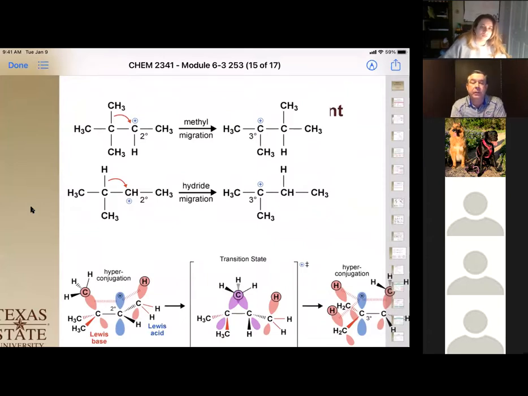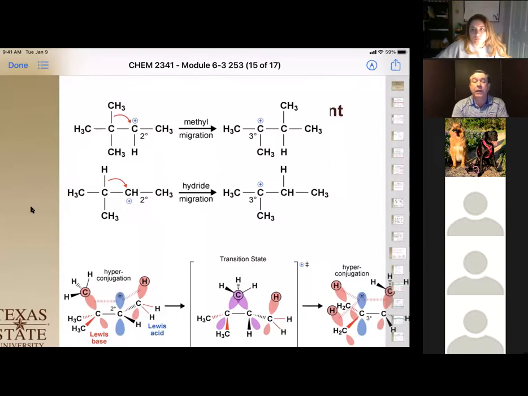So the clever little molecules are going to say, hey, do I have an adjacent carbon that can form a tertiary carbocation? And if the answer is yes, how is it going to do that? Well, it's going to do that by either moving a carbon bond, which we call a methyl shift or a methyl migration, or a hydrogen is going to move over one atom to give us the higher stability tertiary carbocation.